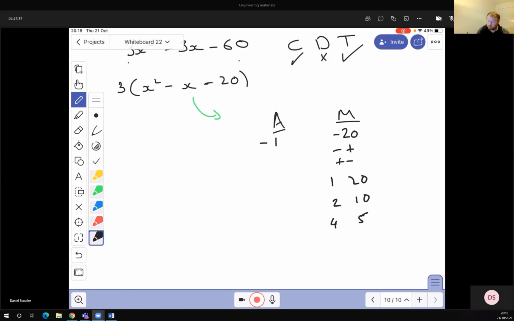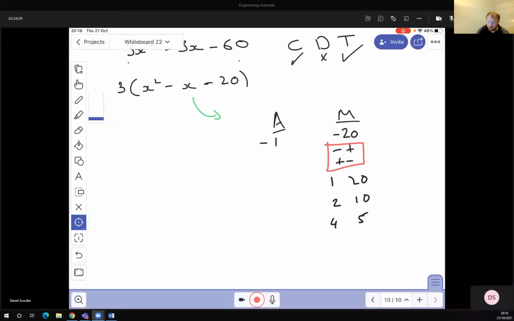Two of these multiply together to make minus 20 and add together to make minus 1. We need to be smart and use these signs correctly to add two of these numbers together to make this minus 1.